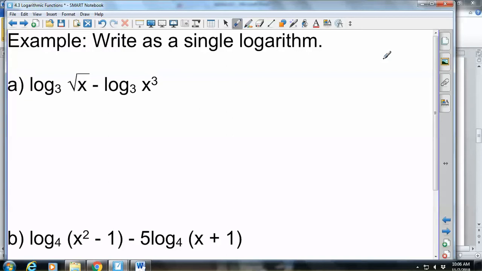On the first one, if we condense this, what is it going to look like? What if I told you to simplify, since you have x's on both the top and the bottom?